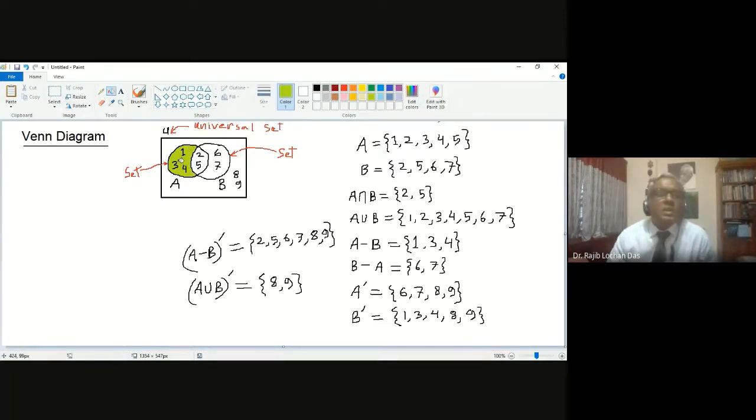This green is A minus B. So outside of A minus B means other, like this one, this one, everyone. Outside of the green part will be 2, 5, 6, 7, 8, 9. Is it okay now? Everyone can understand this.